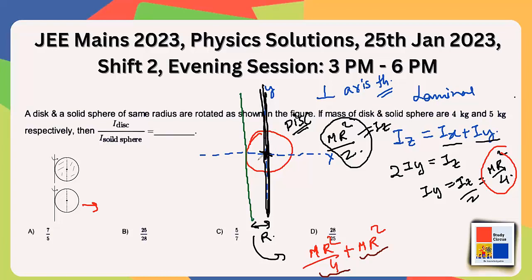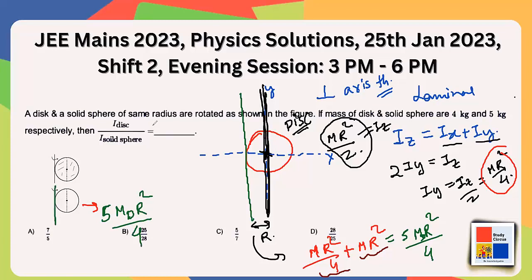Ultimately this is 5mr square upon 4, where m is the mass of the disk. Writing md, for the disk about this axis it is 5 md r square upon 4.